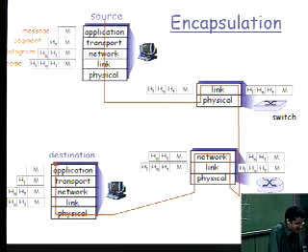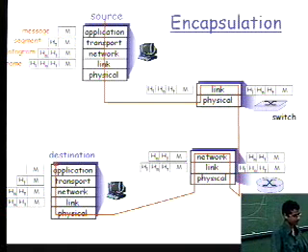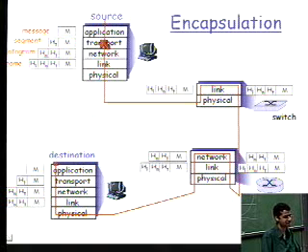So all the layering that happens is done through these headers. So when a source is sending some message to a destination, this conversation happens between two different applications.